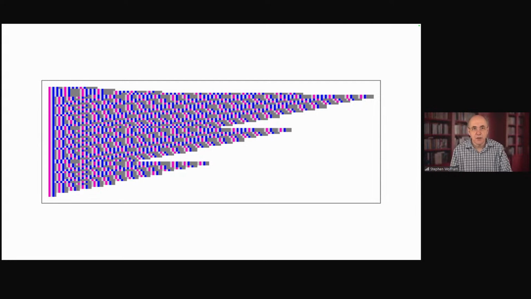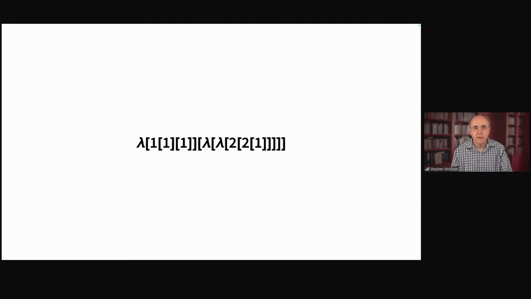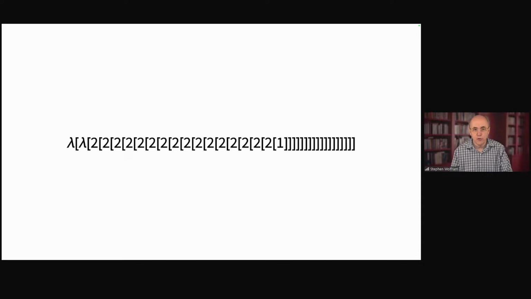It just does. Well, the runner-up for lifetime among size 8 lambdas with lifetime 44 is this little lambda here, which eventually evolves to this somewhat more complicated lambda, which happens to be the integer 16 in the church numeral representation of integers that we talked about before.